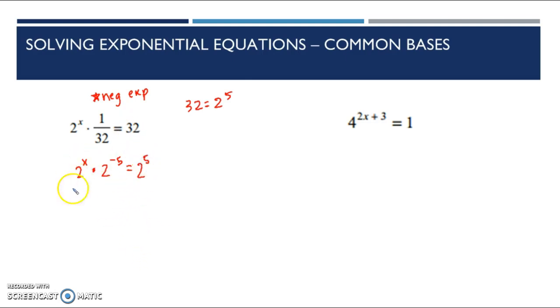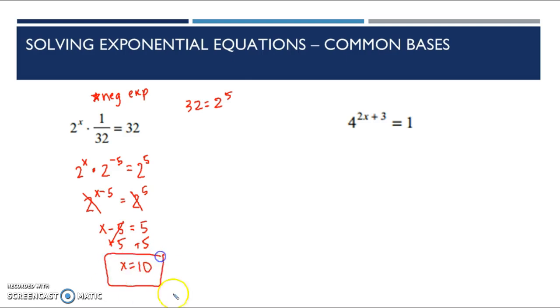Now I have to combine the left side, and I'm multiplying with the same base, so I add my exponents. So I have 2 to the x plus -5, which is x minus 5, equals 2 to the 5th. Now that my bases are the same, I don't need them. So x minus 5 equals 5, and to solve for x, I just add 5 to both sides. So x equals 10.